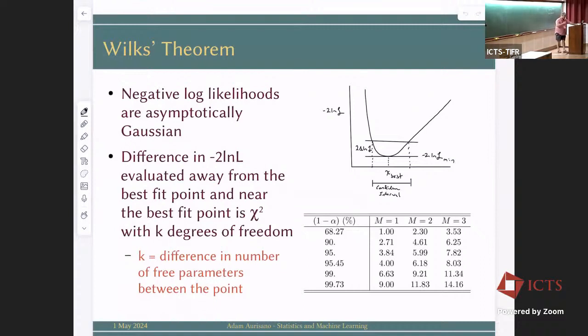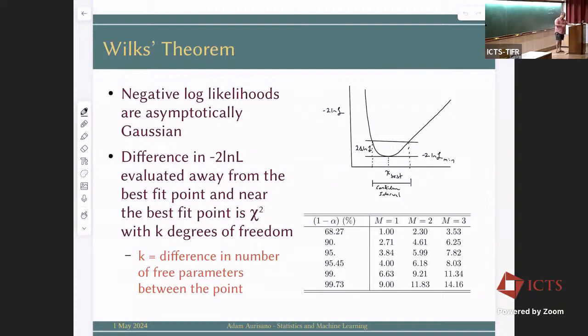The idea with Wilks' theorem is that the negative log likelihood, or the negative 2 log likelihood, is asymptotically Gaussian. What we mean by that is that it tends towards the chi-squared as you collect more statistics.